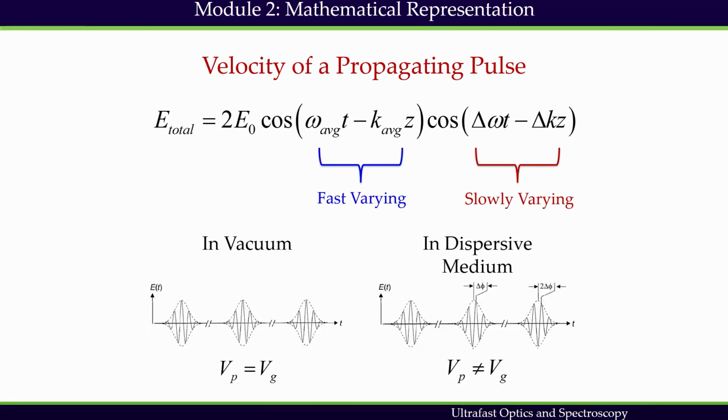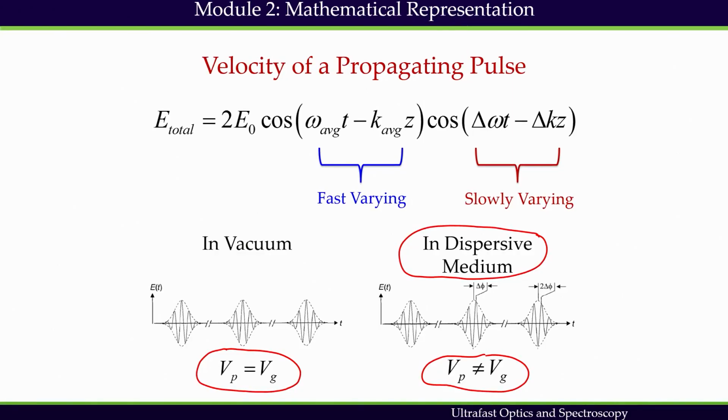In vacuum, Vp equals Vg. This is true only in vacuum, which means that this is locked when they are traveling. But in a medium, particularly in a dispersive medium, they are not equal.